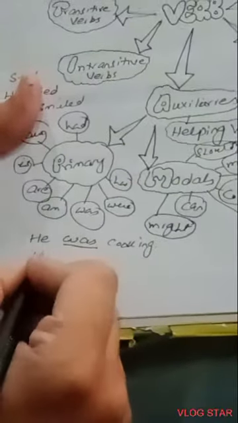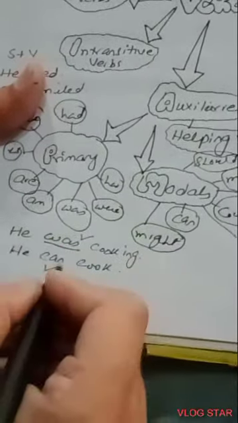They not only show the tense, but also the possibility, the ability, and so on. For example, if I try to write the same sentence by using a modal, we can say he can cook. Know the difference between these two sentences. You can see that both are auxiliaries, but here only the tense is shown, but here the possibility is also shown along with just helping the main verb, cook.